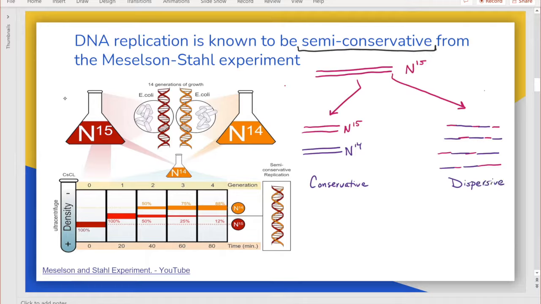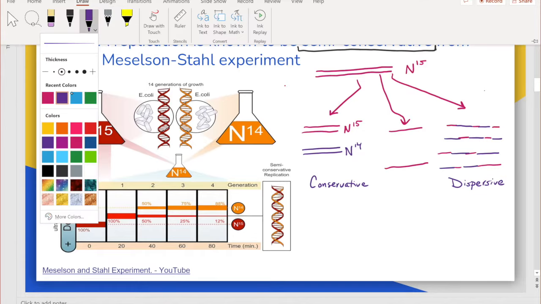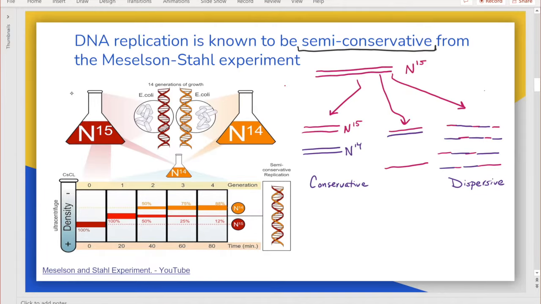We call this the dispersive model. The third model suggests that each parent strand, which in this case is N15, is used to create one new daughter strand, which in this case is N14. And we call this semi-conservative.